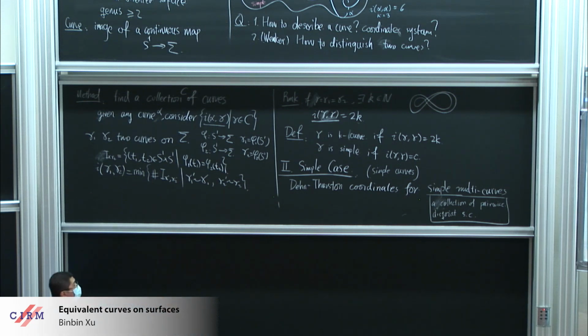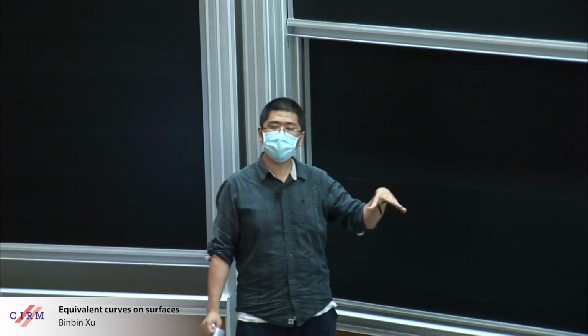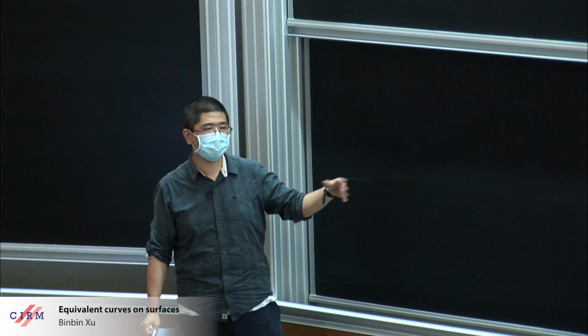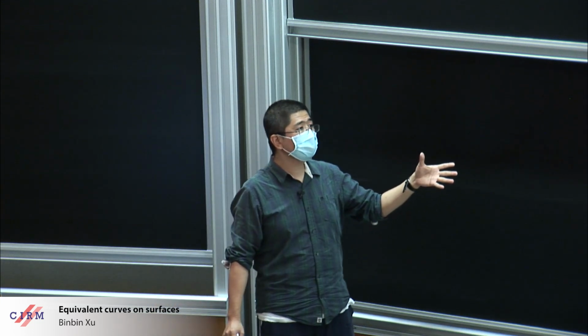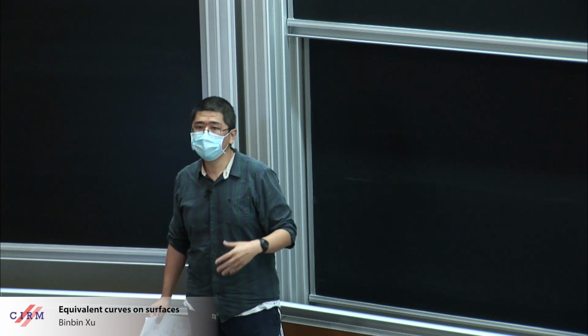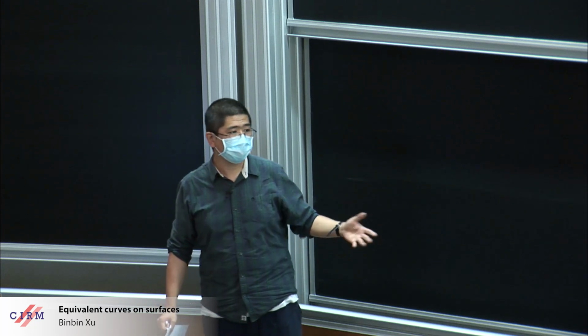The idea is still the same. We try to cut the whole surface into elementary pieces, and then look locally at the information of each, given any curve, the intersection or whatever, and then by combining all this information, we can determine this curve.